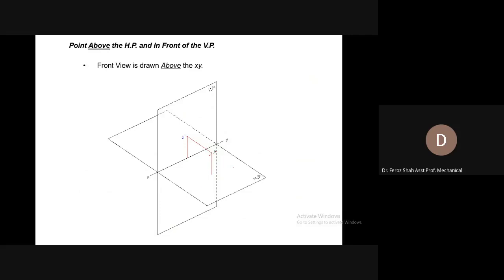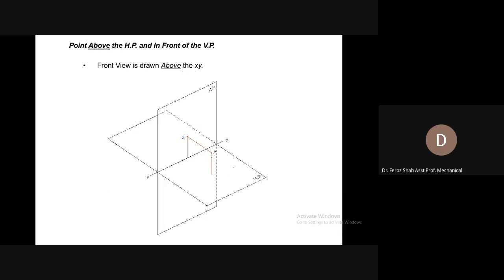For example, you can see that a point A is lying in this region or this area. So you can see that this is the area which is above the horizontal plane and in front of the vertical plane.